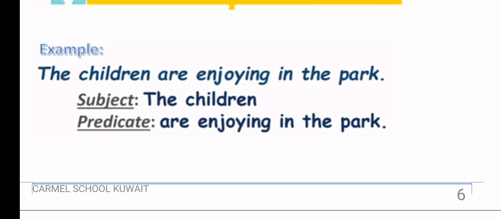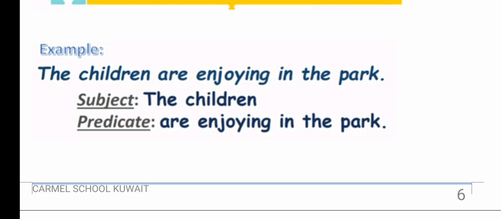Now you can always use a dividing line between the subject and predicate in your sentence. Okay, so you can use a slash line to show the division between the children or enjoying in the park. The children is the subject, or enjoying in the park. You can show a slash between these two parts of the sentence.